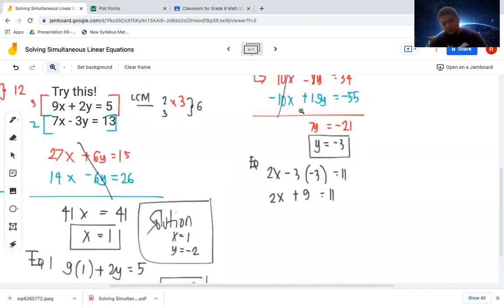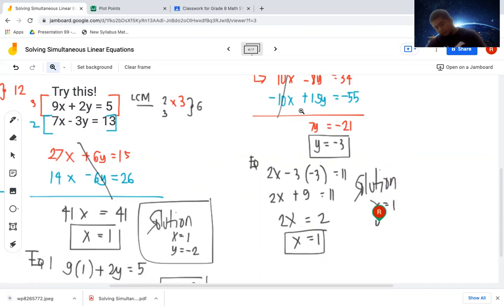So 2x is equivalent to 2, and x now is going to be equivalent to 1. So this would mean that the solution is now x is equivalent to 1, and y is equivalent to negative 3.